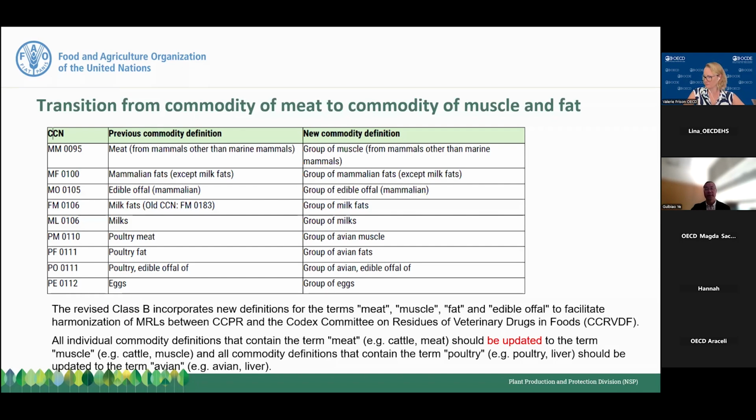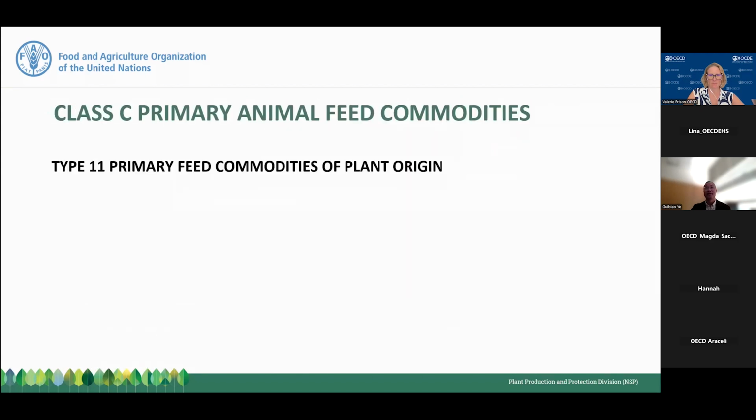Before, we used different terminology for meat, muscle, and fat, and edible offal, and now the meat is transferred to muscle, and the poultry products are transferred to eggs products, something like this. This is how the old system and the new commodity recommendation definitions are used. And also we have the primary feed commodity, which I think is very important for us today.